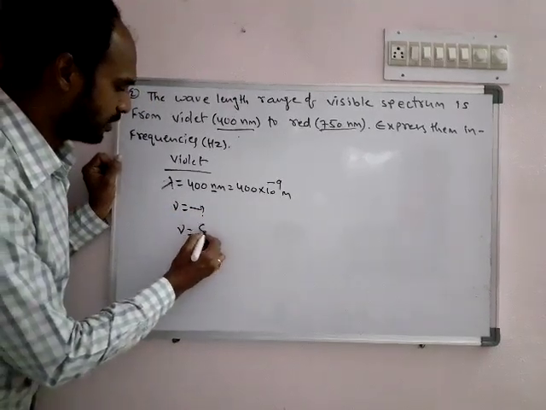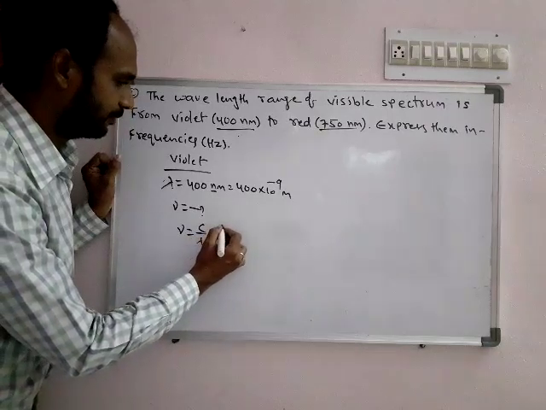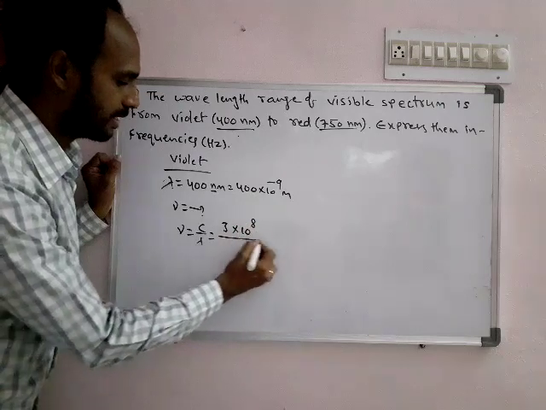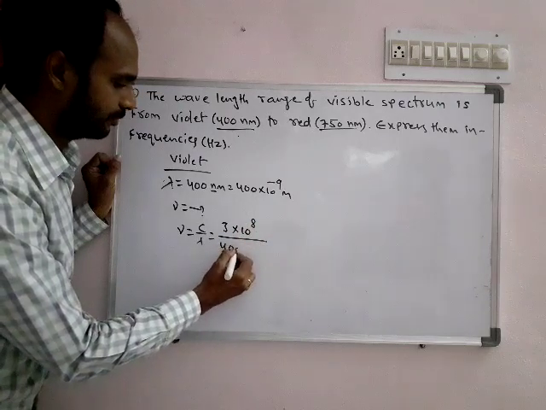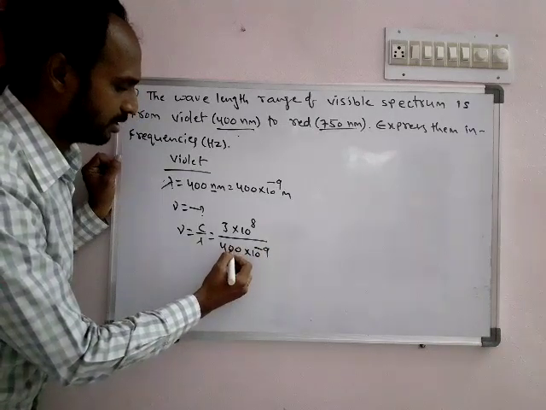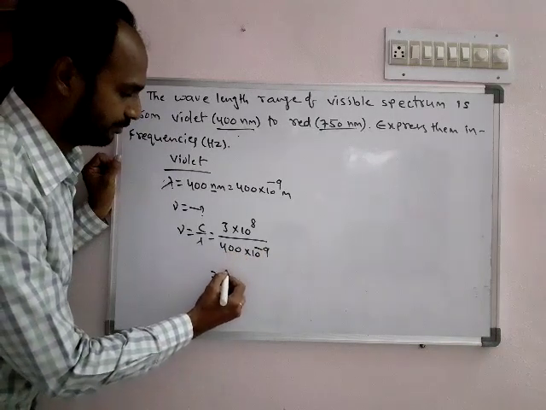So we know that nu is equal to c by lambda. What is c? 3 into 10 power 8 meters per second. What is the lambda? 400 into 10 power minus 9, so this becomes 10 square.